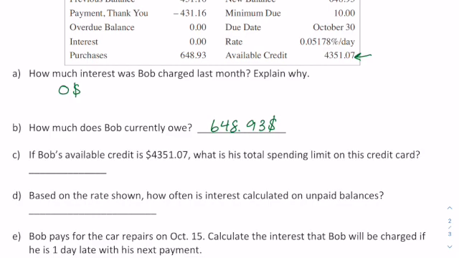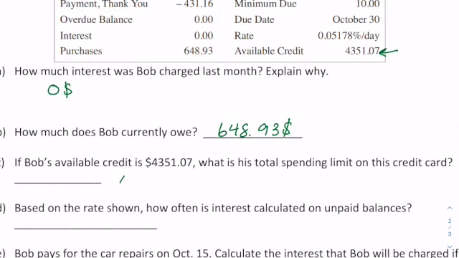So total spending limit includes what you've already spent. So 4,351.07 plus his current balance that he has to pay off this time around. And that will give us a limit of $5,000.